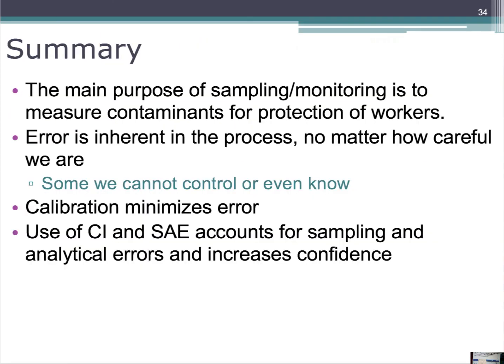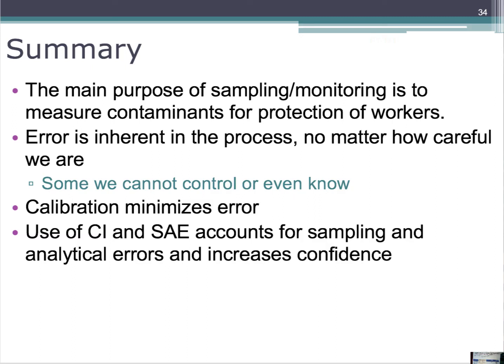So, in summary, the main purpose of sampling is to measure contaminants for the protection of workers, but there are errors inherent in the process no matter how careful we are, and there are errors in the analytical methods no matter how precise the lab may be, and they can report to you their standard analytical errors.